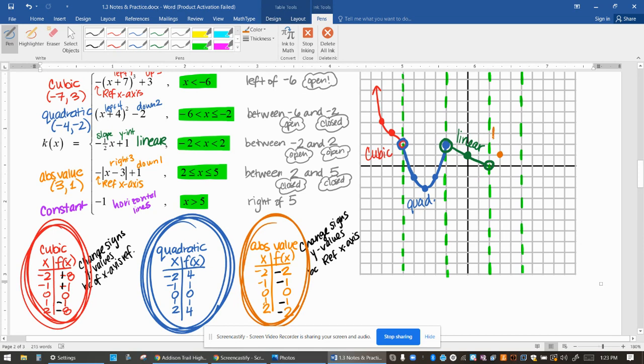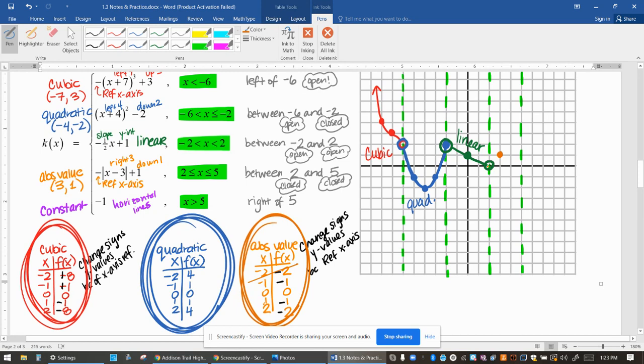Within the domain that they want. So I want to see that V shape only between the 2 and the 5. So if you're about to plot a point that's not within that domain, then don't put it. So I'm not going to be able to plot this first ordered pair of left 2, down 2. Left 1, down 1, I can.